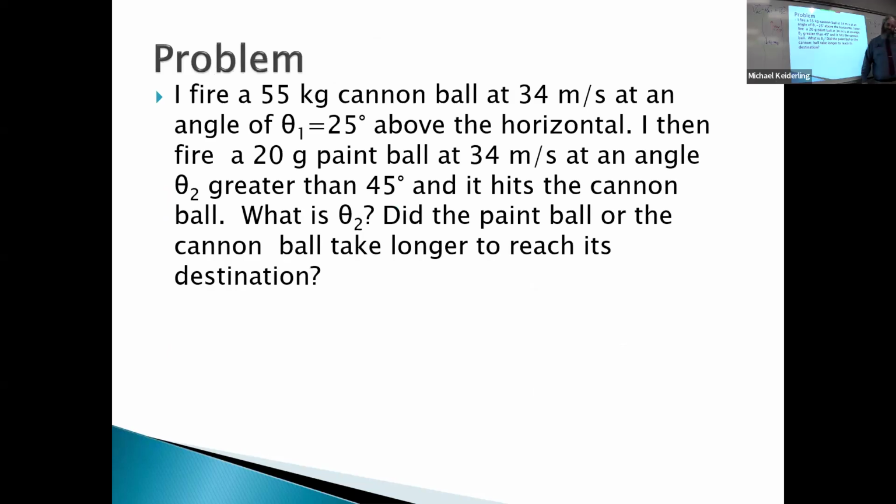So here's an example problem where we're going to ignore air resistance. If I fire a 55 kilogram cannonball at 34 meters per second at an angle of 25 degrees above the horizontal, and then I fire a 20-gram paintball at 34 meters per second at some angle that is greater than 45 degrees, and it hits the cannonball, neglecting air resistance, what angle did I fire the paintball at?